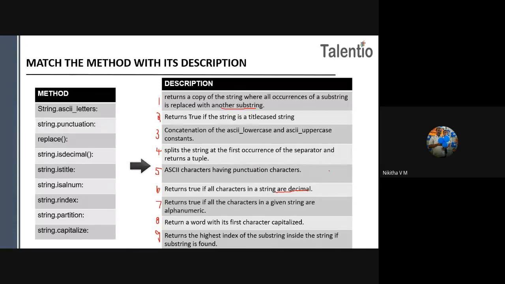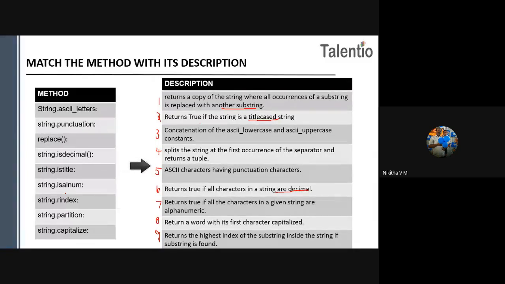Okay. So what's given in the 2? Returns true if string is title cased. Right? Okay. Isalnum? 7. Correct. So returns true if characters in the given string are alphanumeric. Okay. So if all are alphanumeric it is going to return true.